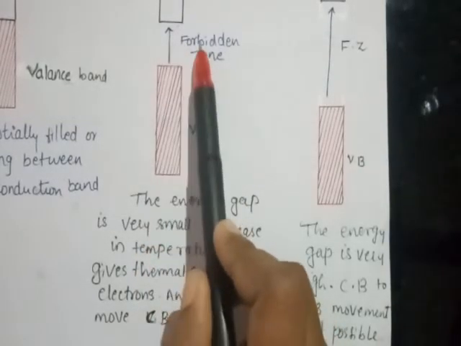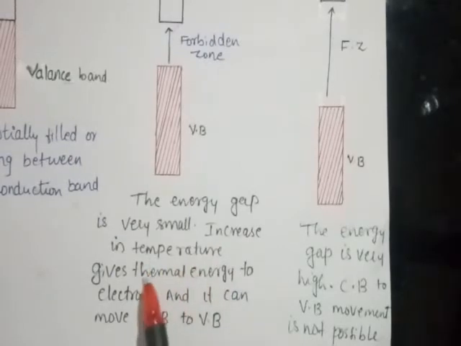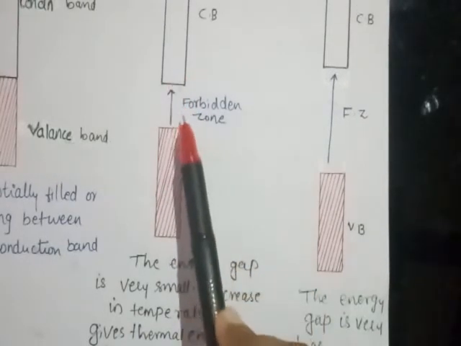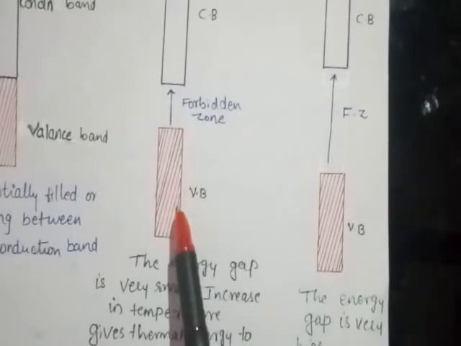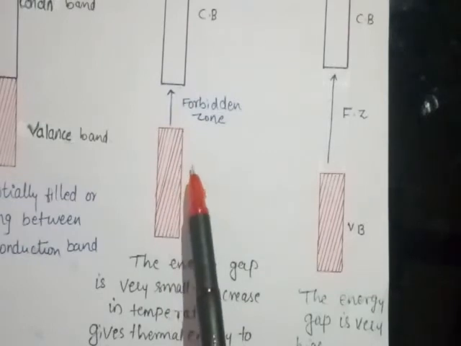When we increase the temperature, it gives thermal energy to the electrons, and they can move from the valence band to the conduction band. So the valence electrons get thermal energy, easily go to the conduction band, and it becomes a conductor.